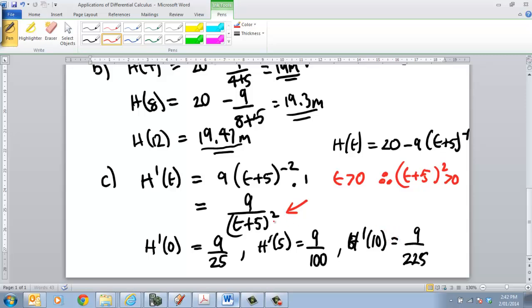Okay, and because it's 9 over that, h dashed of t has to be greater than or equal to 0 for t greater than 0. Greater than or equal to 0, because t could be equal to 0, but it has to be a positive answer. So that's what it's asking you to talk about there in relation to those exercises.